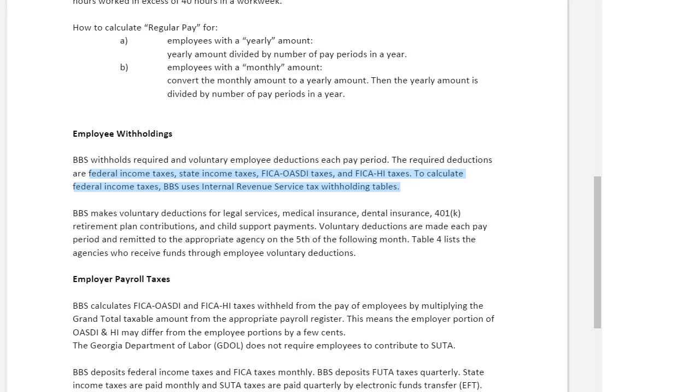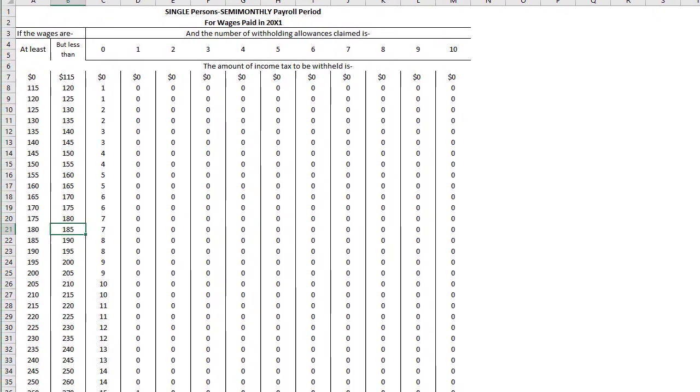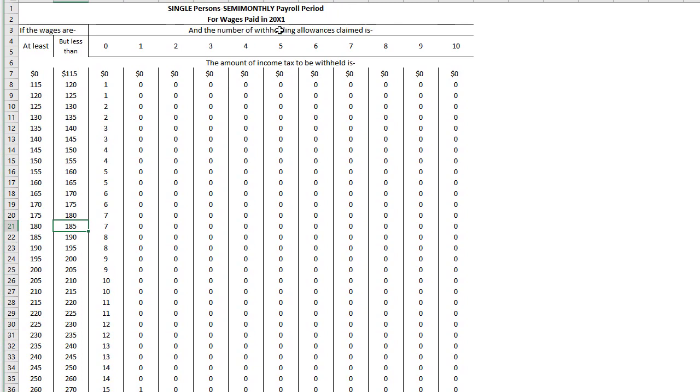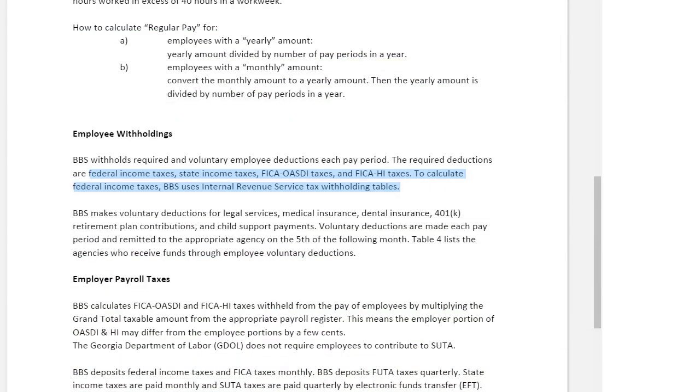So in your packet, you have 2 withholding tables for FIT that look similar to this. This one is for single people, and this one is for married people. And in the individual tables, it tells you if the employees are married or single.